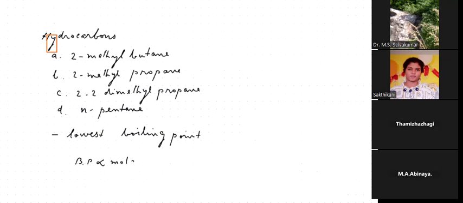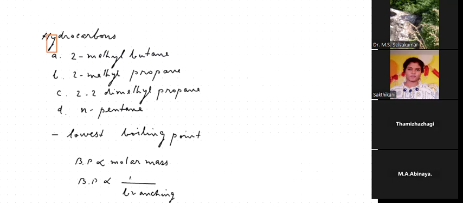When molar mass increases, boiling point increases. Suppose compounds of same molar mass are given, then boiling point decreases with branching. When more branching is present, the boiling point decreases.